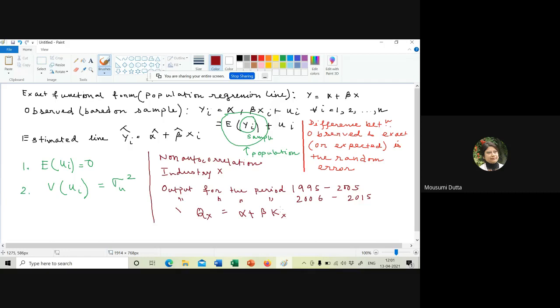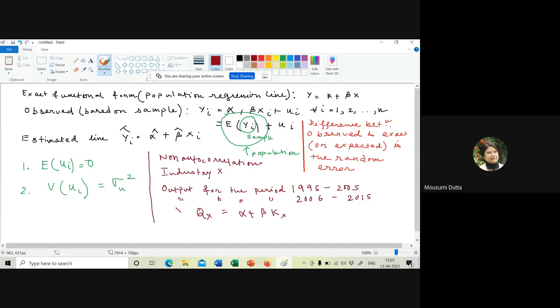Now if I'd like to estimate this production equation for the period 1995 to 2005, and then for the period 2006 to 2015, in that case I'll consider the observations for different periods.